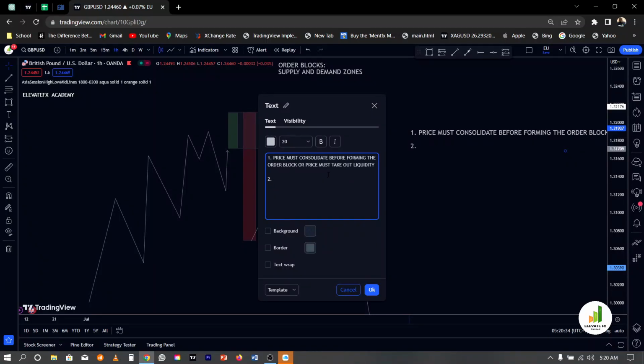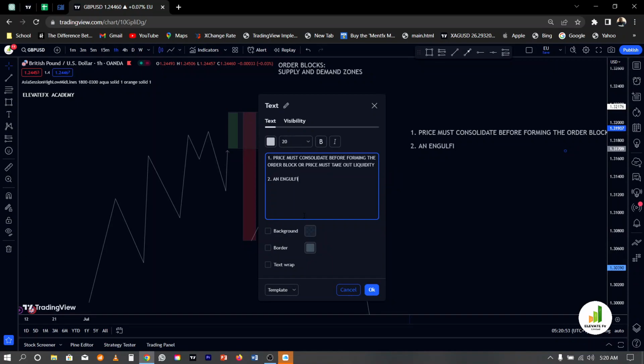Okay, rule number two: when should you be looking to get involved in the market? An engulfing candle, and I'll tell you what engulfing means. This looks like an engulfing candle, one that completely swallows the other, or in other words, engulfs the other.